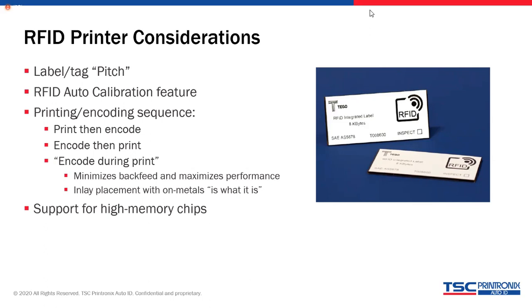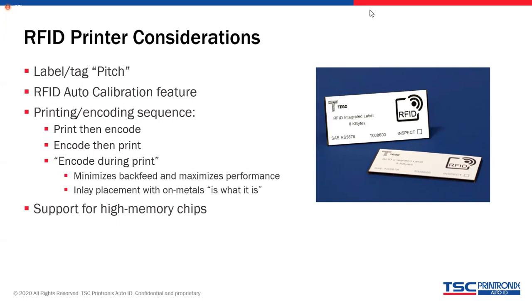It generally means the printer will start printing the label, and then when the RFID portion of the label is lined up with the RFID portion of the printer, it will switch over to RFID mode and encode the RFID portion. And when that is done, the printer will switch back to printing and finish printing that particular label. Now, this has a couple of very nice implications.